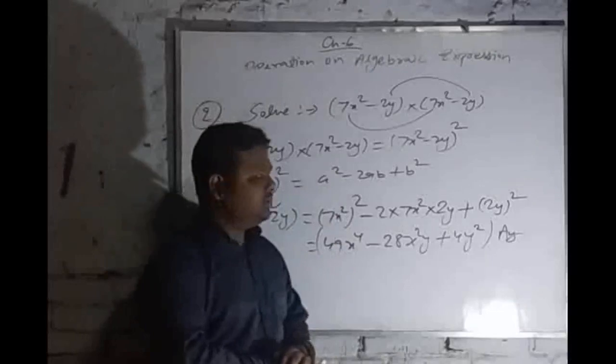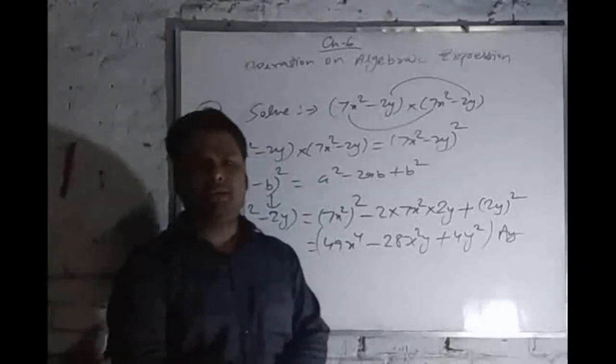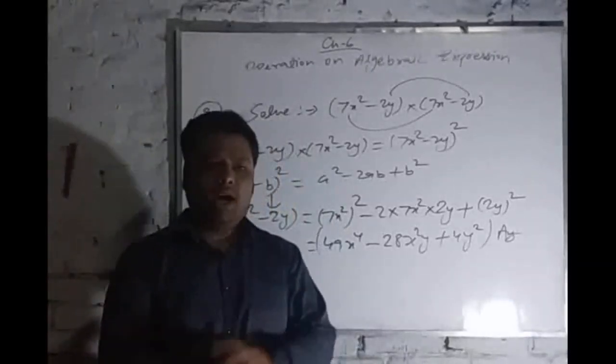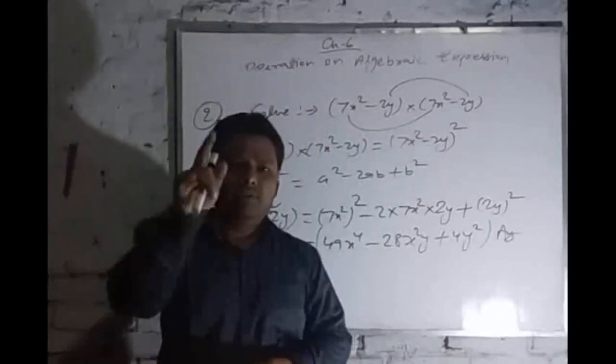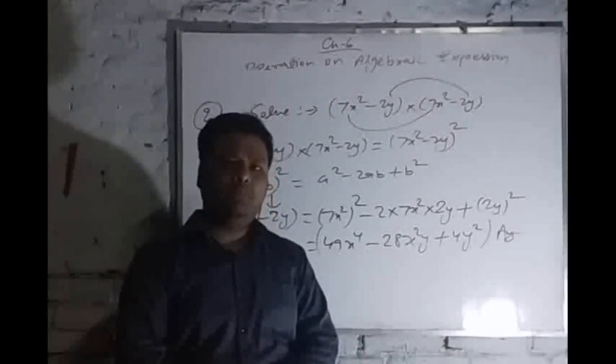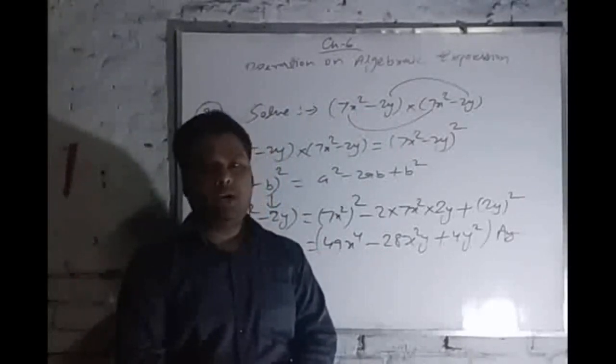In every question, if the first term is matching and the second term is matching and both have plus sign in between, then we will use the first identity: (a plus b) whole square is equal to a square plus 2ab plus b square.